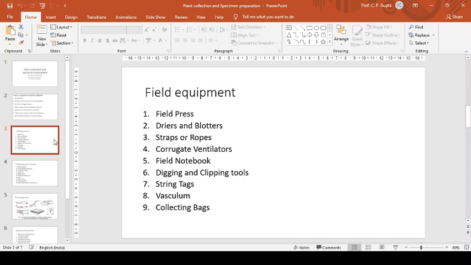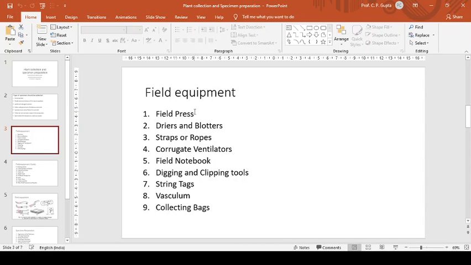The next step is field equipment and supplies. Some of the commonly used field equipment and supplies needed for plant collection and preparation of herbarium specimens are: field press. It is made up of a pair of hardwood, metal or strong plywood frames of 12 by 18 inches.